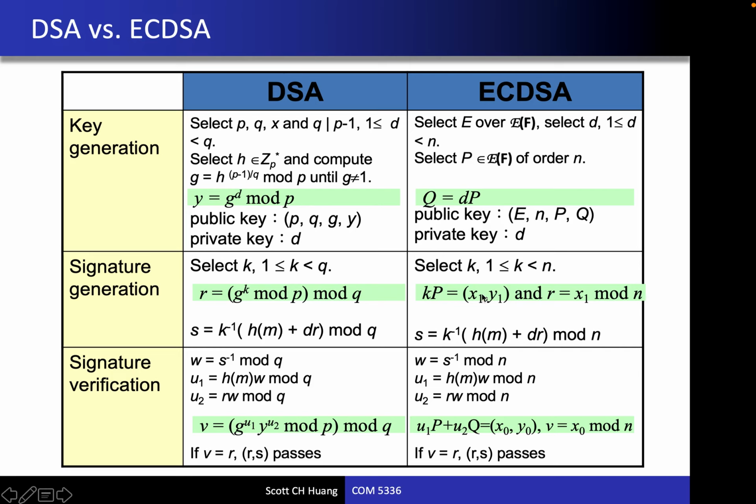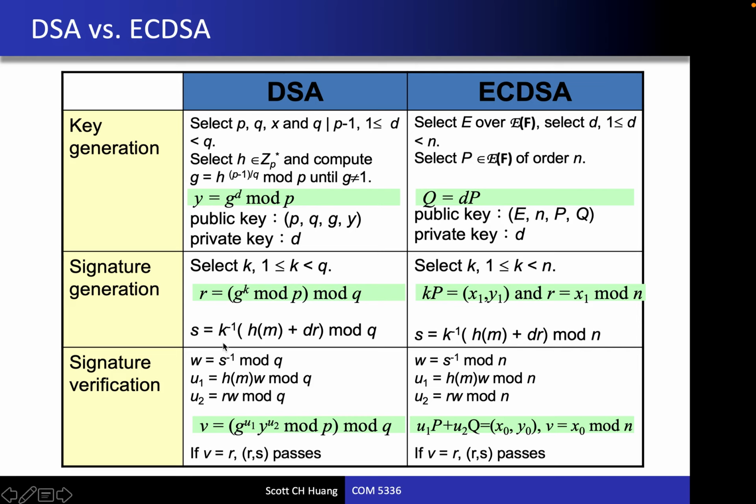We take the x coordinate, simply drop the y coordinate, and then do mod n. So mod p mod q becomes mod n. That is why in this case we do need the number of points on the curve. They're all given in the PDF file, so that is okay.